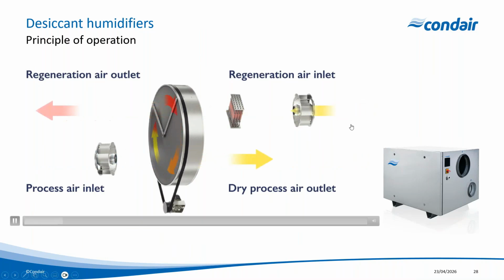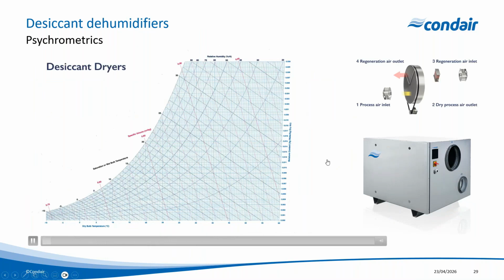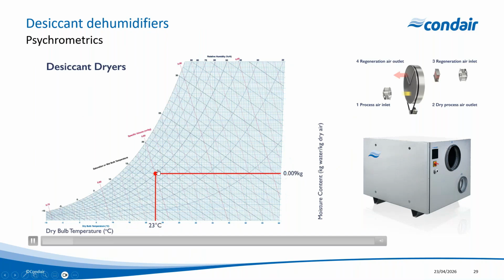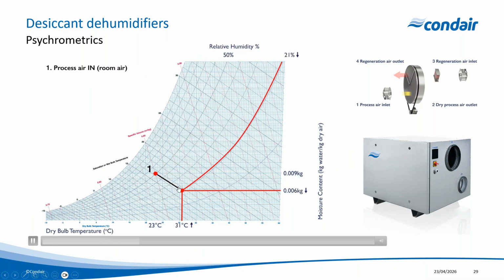So what does this look like psychrometrically? Well, with the desiccant dryer, we start at, let's say, 23 degrees C, 9 grams per kilogram, 50% relative humidity. We then put the air through the desiccant dryer. We'll be going down the line of enthalpy.